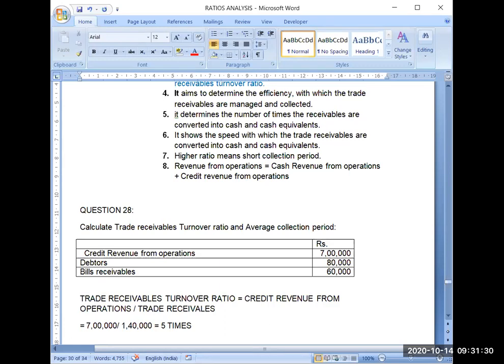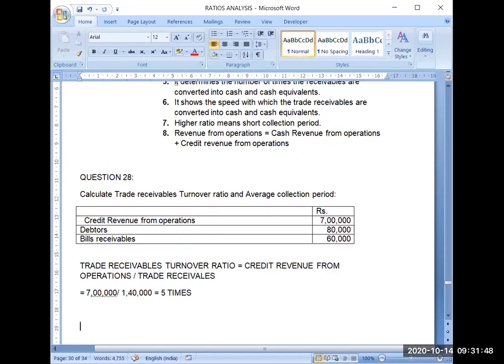So this way you will be able to calculate the trade receivable turnover ratio, and we can also calculate the average collection period. Average collection period will show in how much time we are usually collecting money from our debtors.